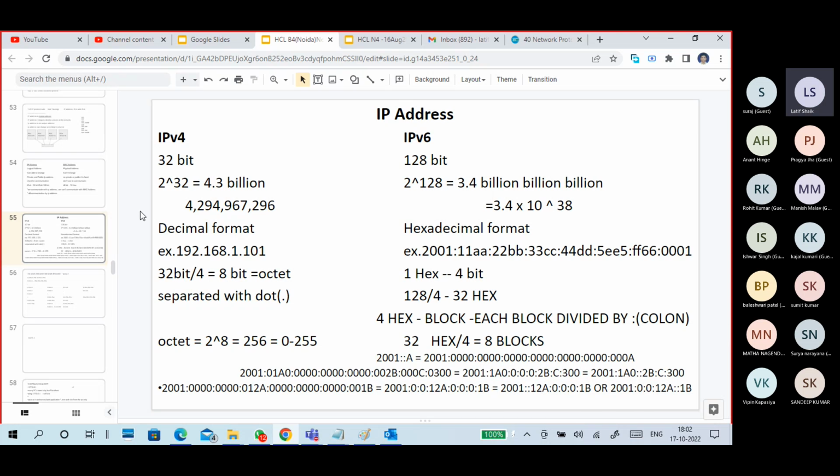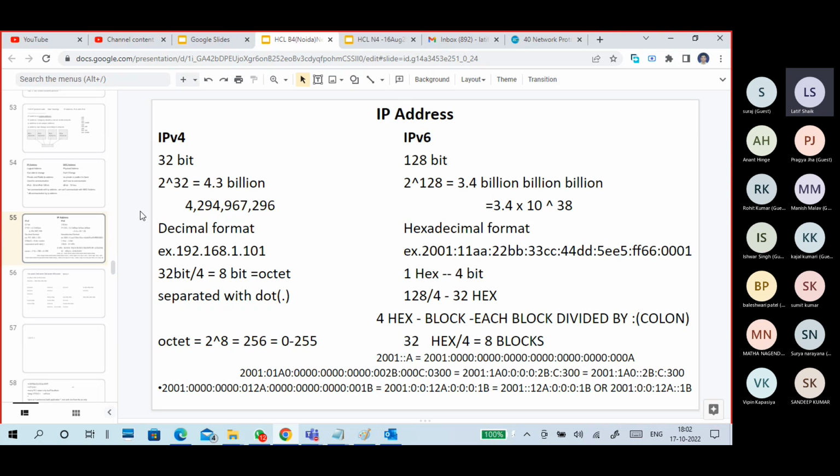How to calculate: each hexadecimal digit is 4 bits. Because 0 is the starting digit and F is the last digit in a single hexadecimal number. Next one is 10. So F means in binary it is 4 bits. So 128 divided by 4 is 32 hexadecimal numbers.